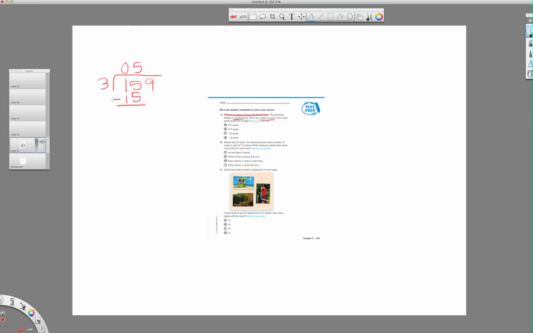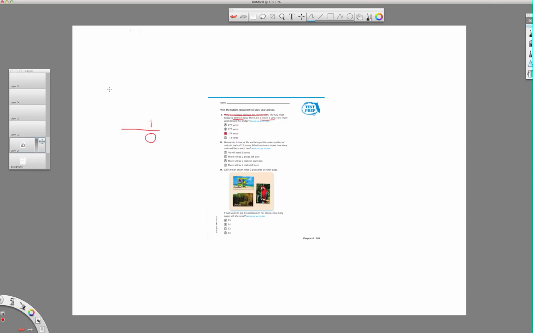So when I subtract 15 minus 15, I'll have 0. Bring down my 9 and ask myself, how many times does 3 fit into 9? 3 can fit into 9 3 times. 3 times 3 is 9 exactly. So when I subtract, I'm going to have 0 as my remainder. So my answer is 53. 53 is right here, C.